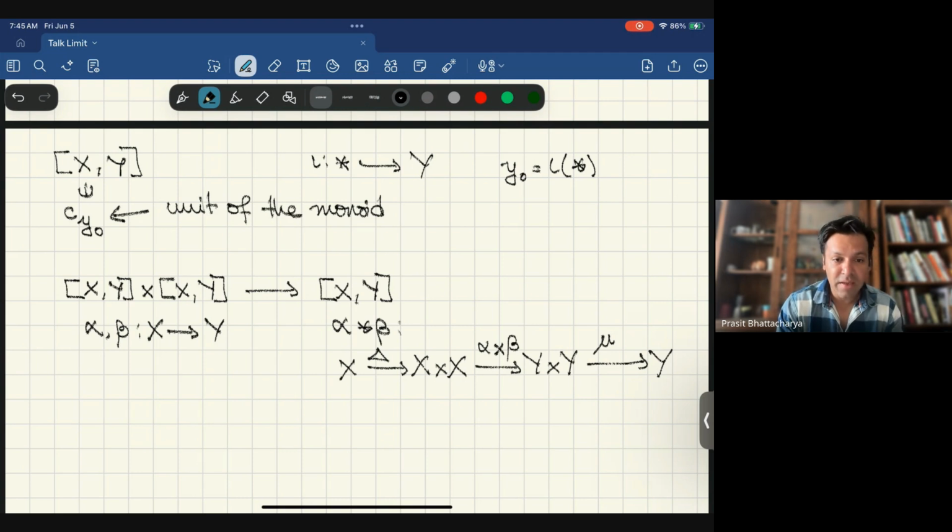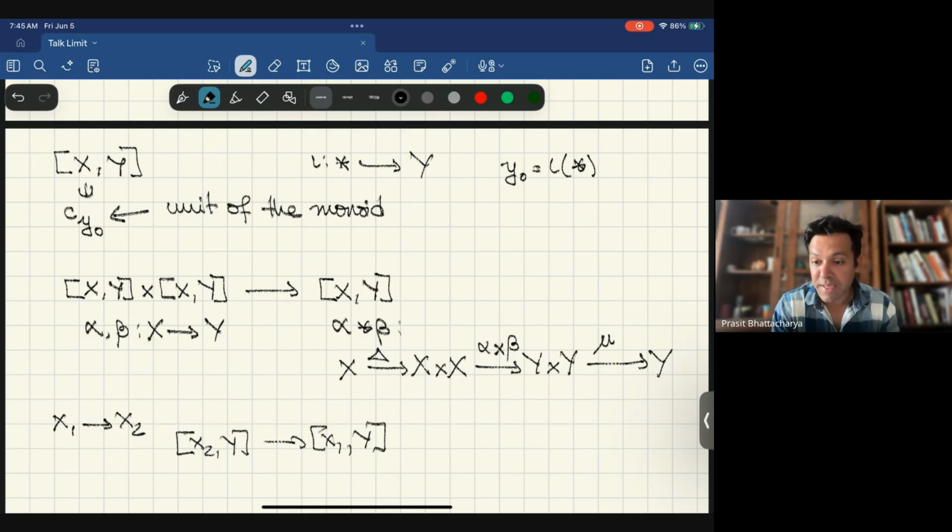You're asking, suppose we know this is an associative monoid. Not only that, if I have a map from X1 to X2, I get a set map from [X2, Y] to [X1, Y], and we know that this is always going to be a monoid homomorphism. Then do we know that Y has to satisfy the given property?